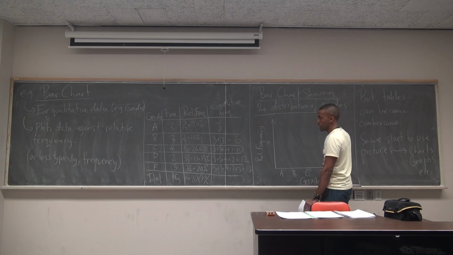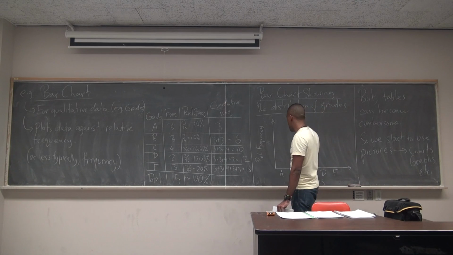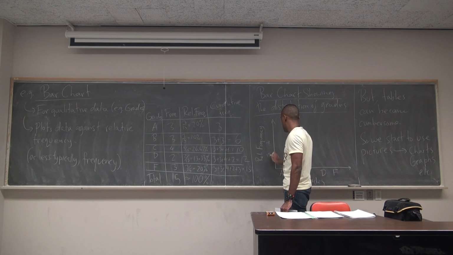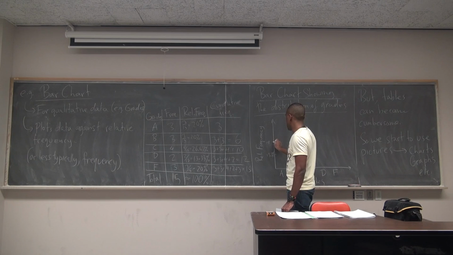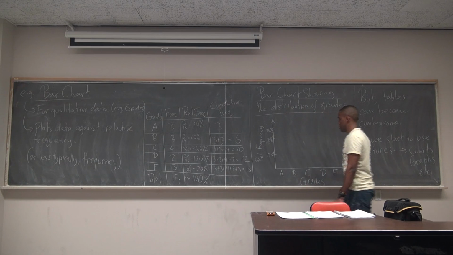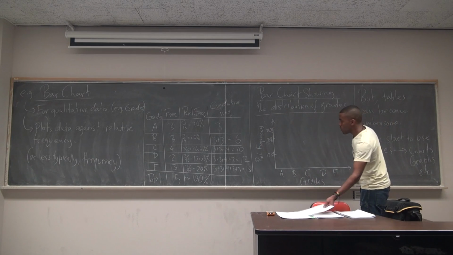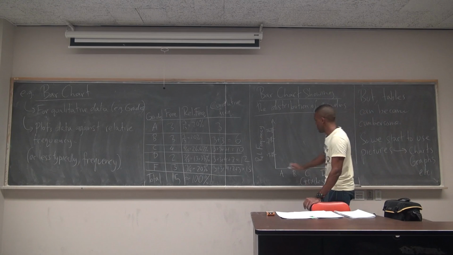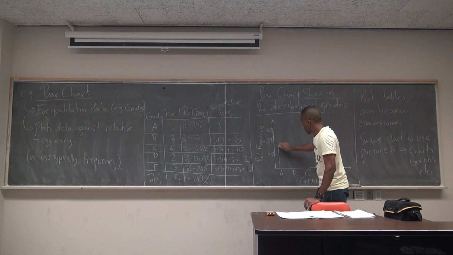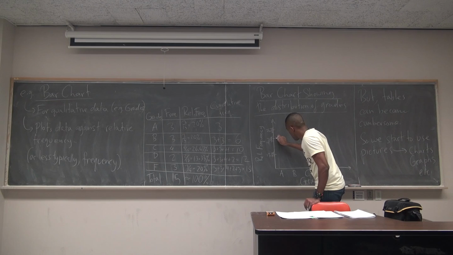So I would have 13.3%. I would have 20%. And I can have 26.7%. So my A would be at the 20. So I can draw a bar going up to the 20.